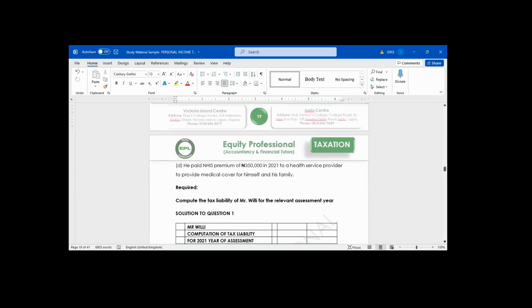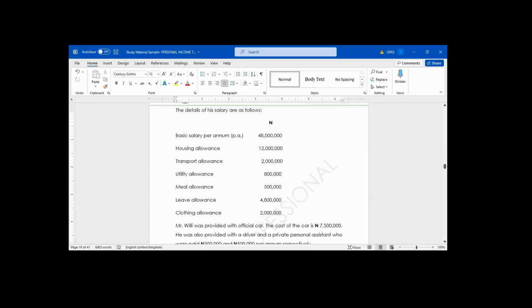He paid an NHIS premium of 350 in 2021 to a health service provider to provide medical cover for himself and family. You are required to compute the tax liability of Mr. Willie for the relevant year of assessment.